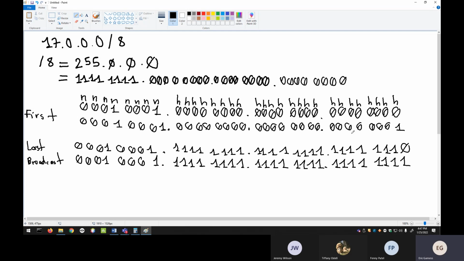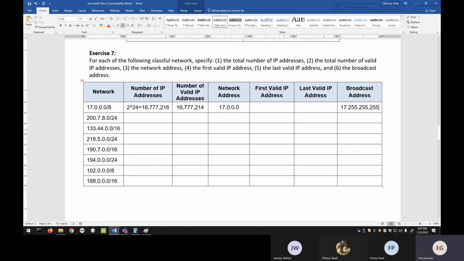So if I come back to this exercise, they ask you, what is the first valid IP address? We just show it. It's 17.0.0.1. It's one IP address after this one. I lose the first IP address, and the second IP address will be the first valid IP address. So one IP address after 17.0.0.0 is 17.0.0.1.